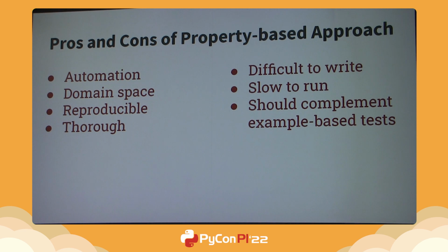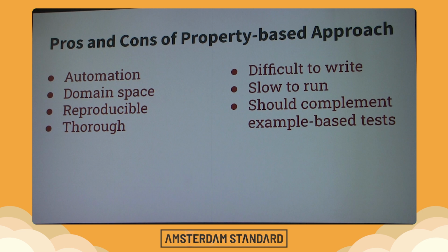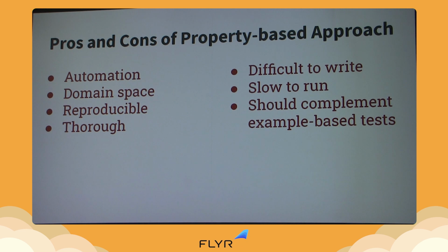It shouldn't replace unit tests. That's the takeaway. It should complement example-based tests. You should always have both in your projects, and you shouldn't replace unit tests with property-based tests. Example-based tests can be substituted with property-based tests when it's easy to turn them into properties, because in that case you will achieve better results.